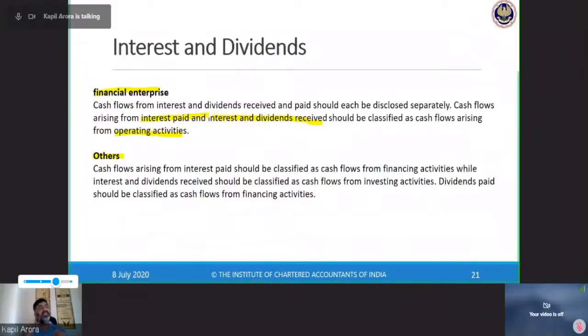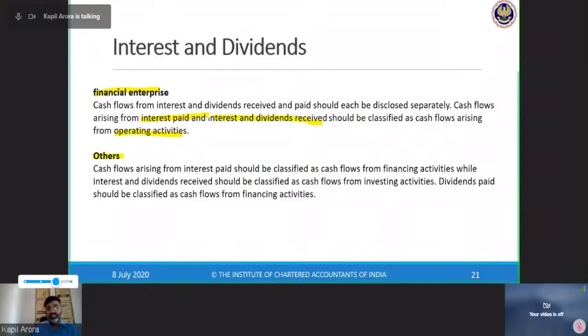Whereas dividend paid will always be financing activities for everybody. So acceptance and repayment on net basis: how much loan you have given this year, how much you have received, or how much has been repaid this year. That is for the overall number of customers.